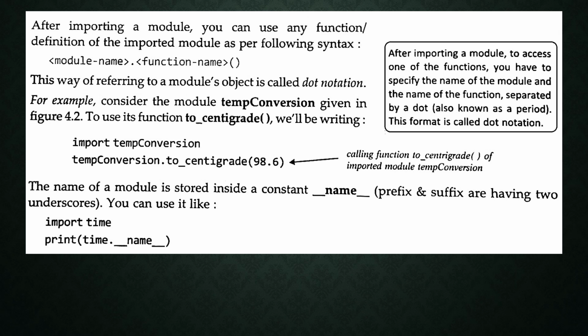And of course, the name of a module is stored inside a constant, underscore underscore name underscore underscore. The prefix and suffix are two underscores. Here: import time, print time dot __name__. These are the concepts we studied in today's class.